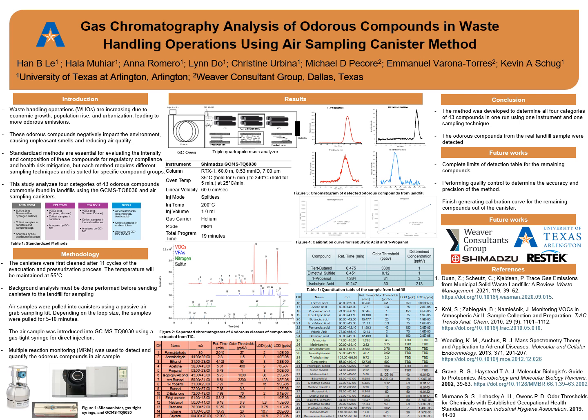Those 43 compounds have determined target ion transitions that were optimized from the MRM optimization tool, along with their retention time, the odor threshold, the limit of detection, and the limit of detection in gas phase concentration.